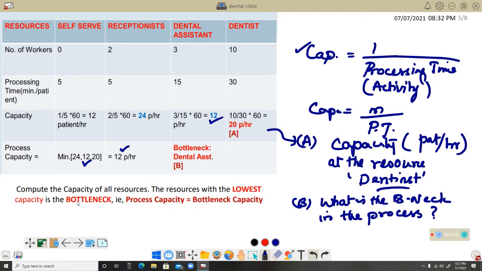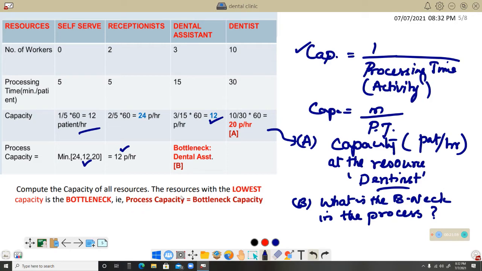Sometimes the student will be thinking, why is the capacity of the self-serve not considered? Because this is out of our hands. This is the input coming in. As for the others, the reception, the dental assistant and the dentist are resources within the organization. We are looking to improve the organization process.